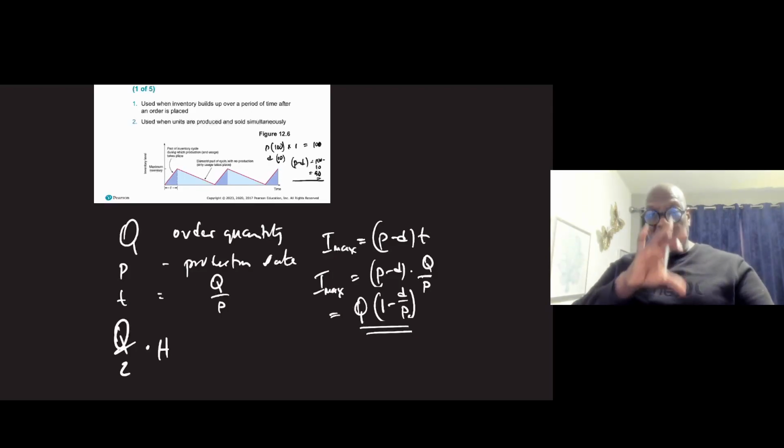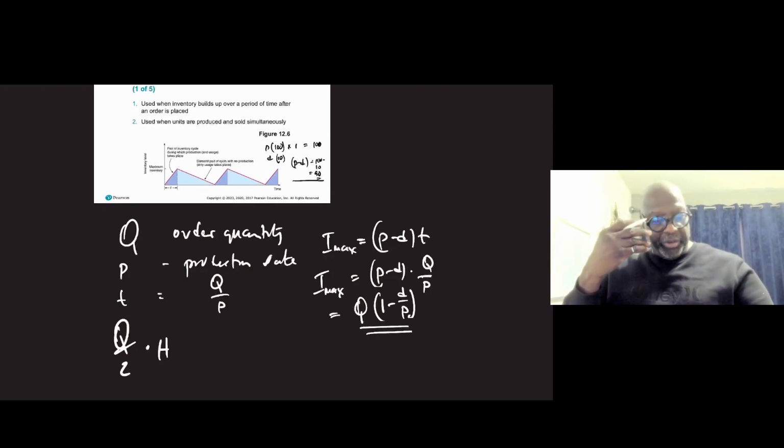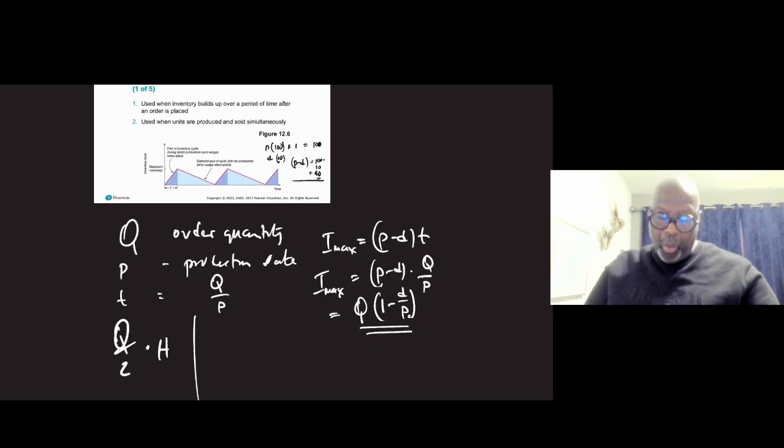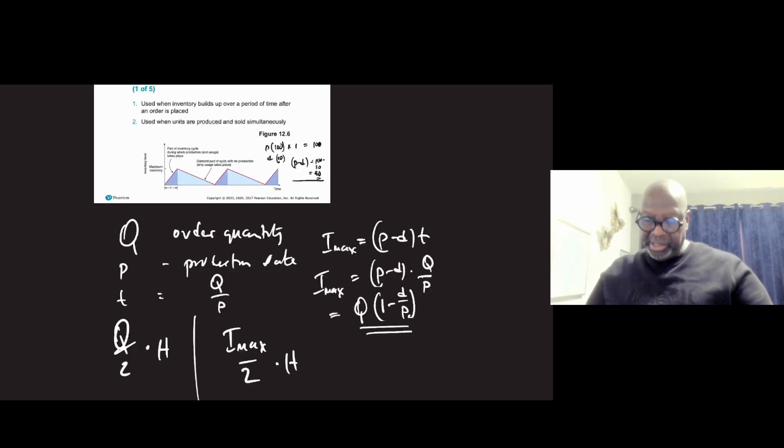And that's because Q was the maximum amount of inventory. Well, in this model, what is the maximum amount of inventory? It is Imax. So it will be Imax over 2 times H, the holding costs.